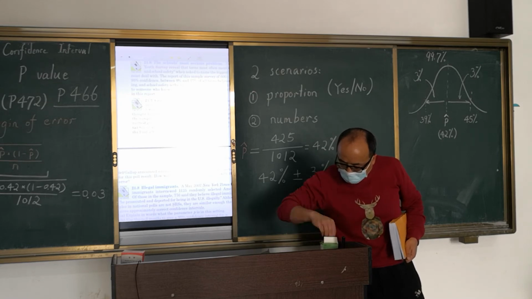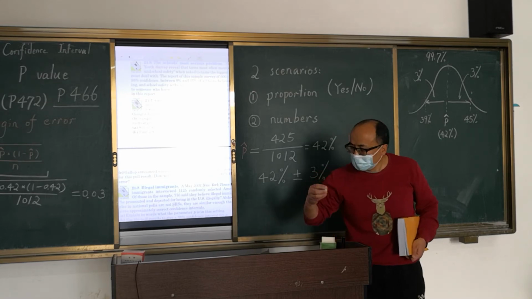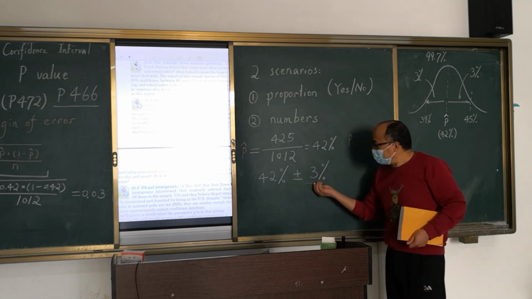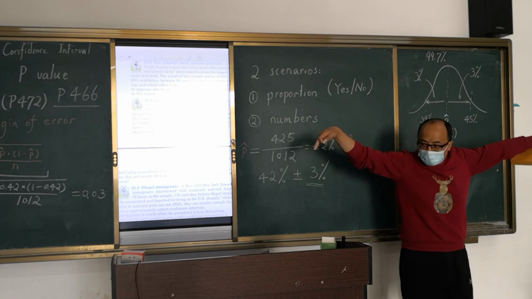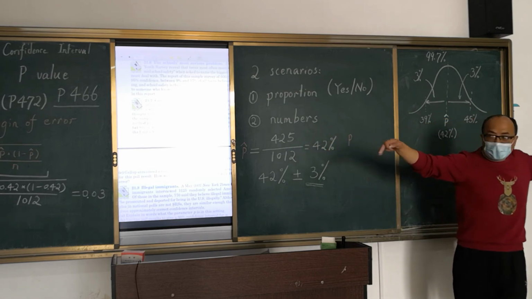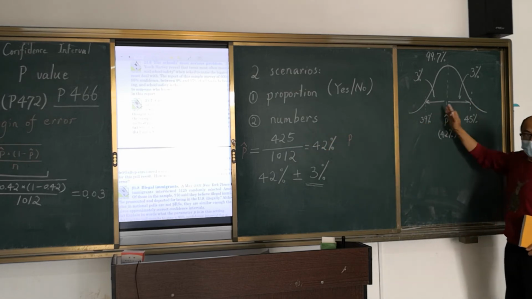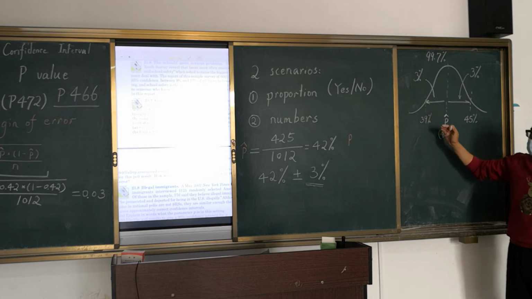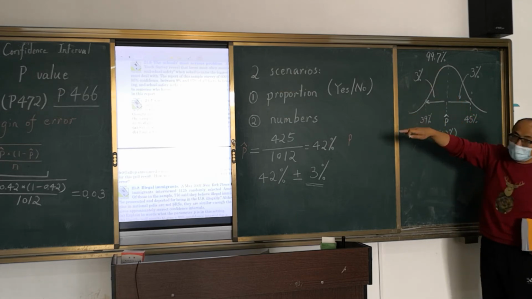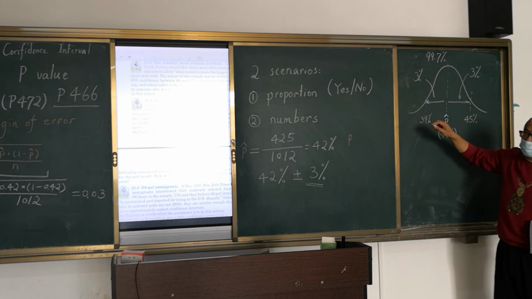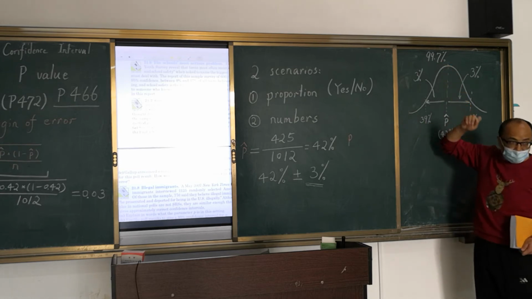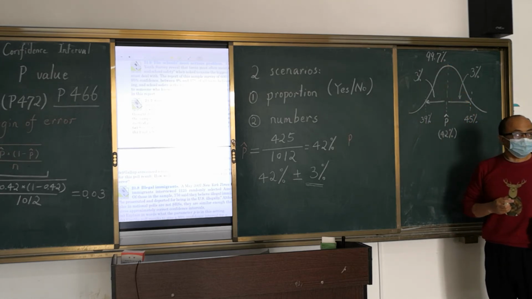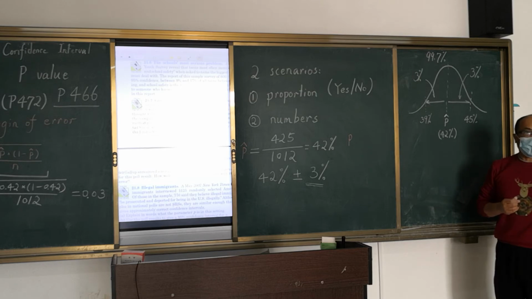Margin of error should change. The minus and the plus should change. I'm modifying the question. I want 99.7. How to do it?